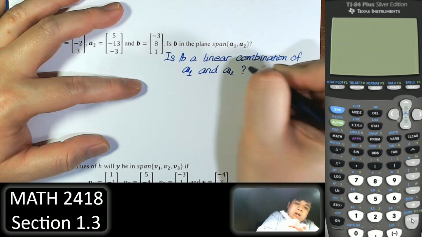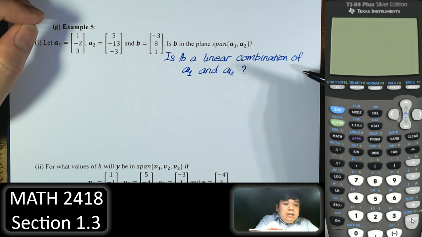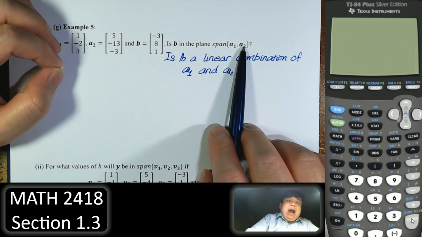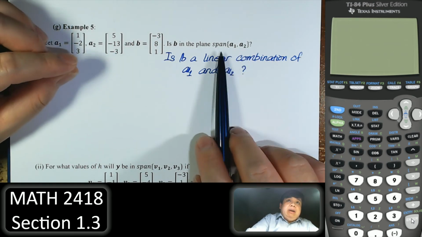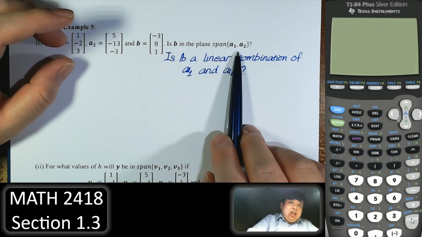Yeah, the questions are the same, because span is the set of every linear combination of A1 and A2. If B is a part of that, it has to be a linear combination.